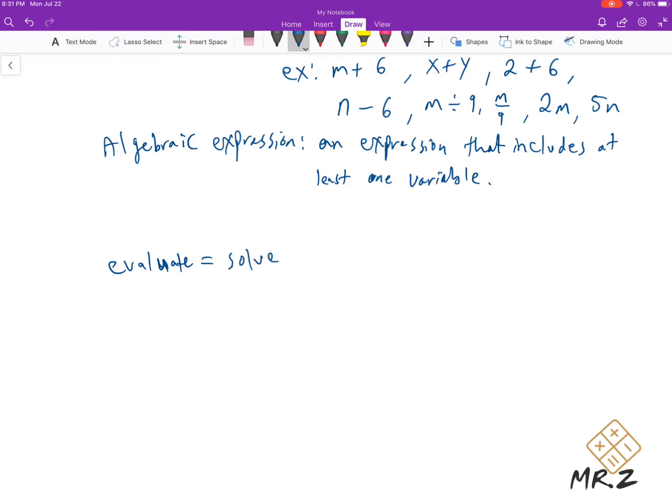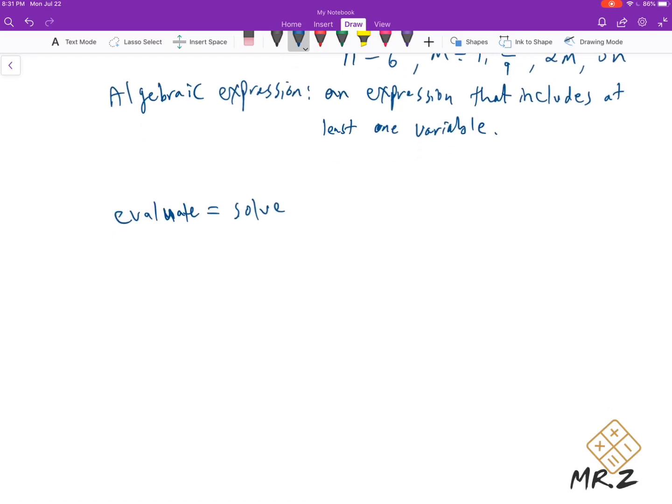So anytime you see the word evaluate an expression or evaluate this equation, that means solve it. Okay? So when we evaluate an algebraic expression, all we're doing is substituting the number that they give us for each variable that they also give us. Okay? So I'll show you what I mean by showing you some examples.